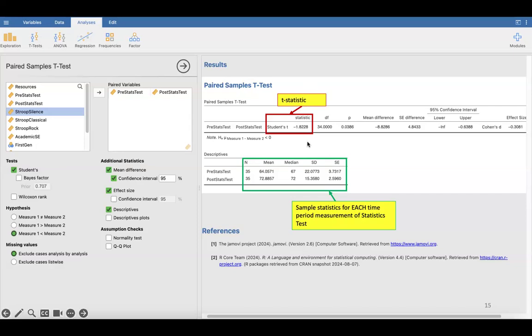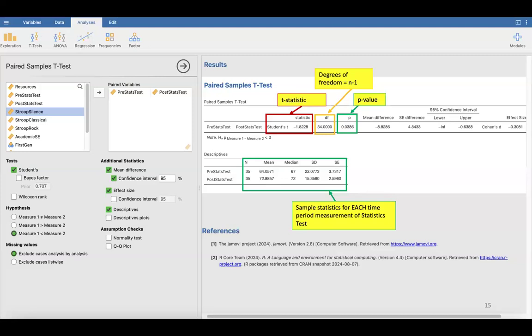So our next step here is we will also report our degrees of freedom, which for a dependent or a paired samples t-test, where we're looking at the same people at 2 different time points, would be n minus 1. So sample size of 35 minus 1 gets us 34. Our p-value, we can see that the p-value is 0.04 if I'm rounding to 2 numbers after the decimal. This means that we're going to reject the null hypothesis.